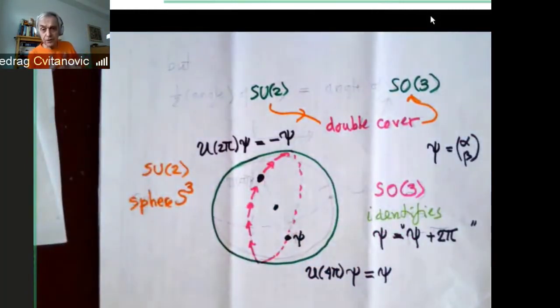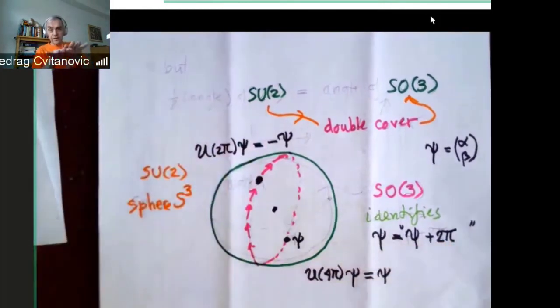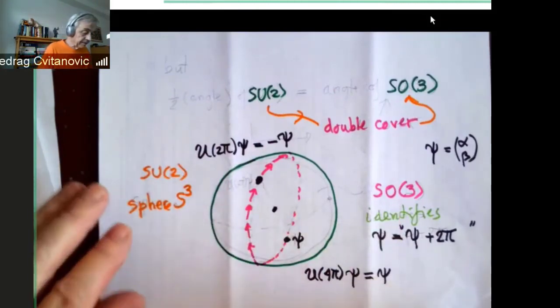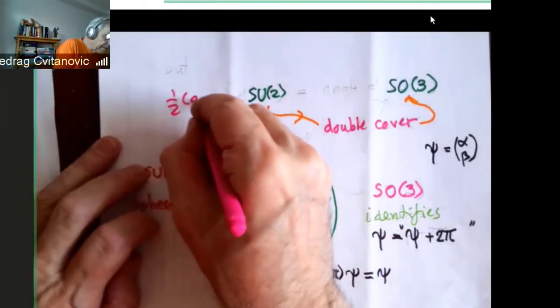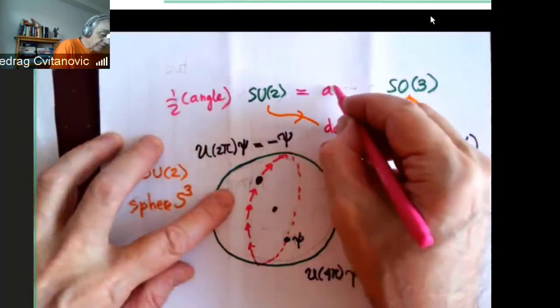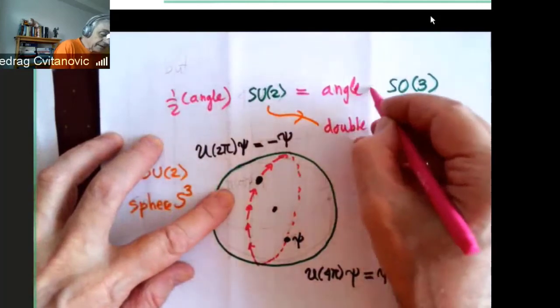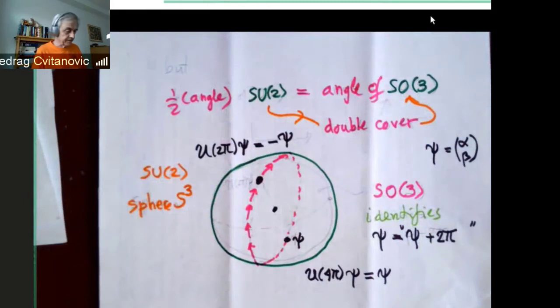So actually the natural object to describe rotations in 3 dimensions is this one, which is a single connected surface of the sphere. That's a natural thing to use. And it's 1/2 of its angle that is the angle you see if you live in the vectorial SO3 representation.